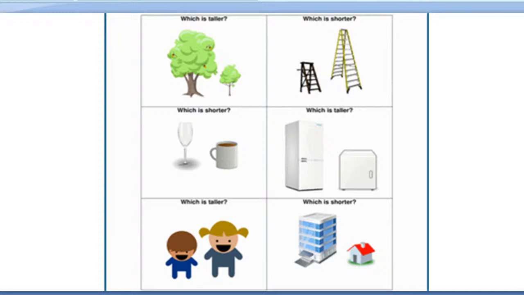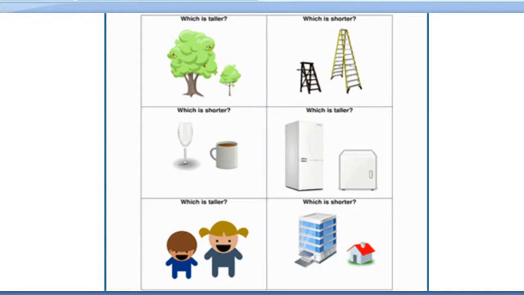The black ladder, or the ladder which is at the left side, is the shorter one. Very good, Neil, Ayushman, Sarthak.